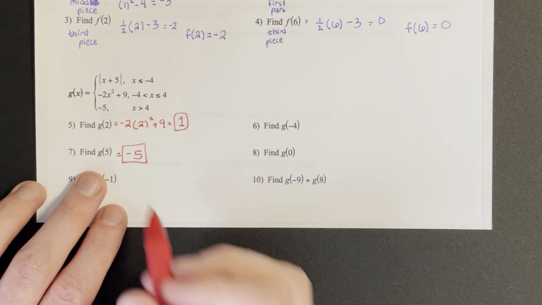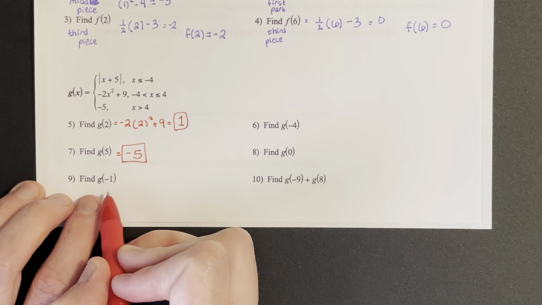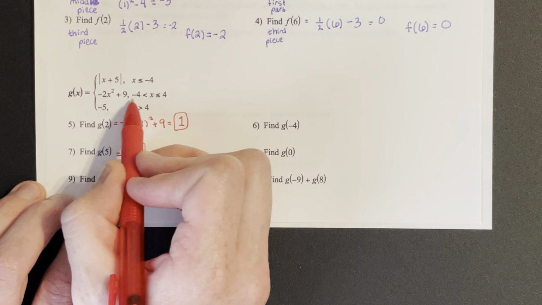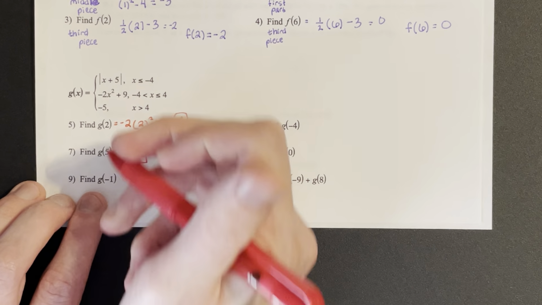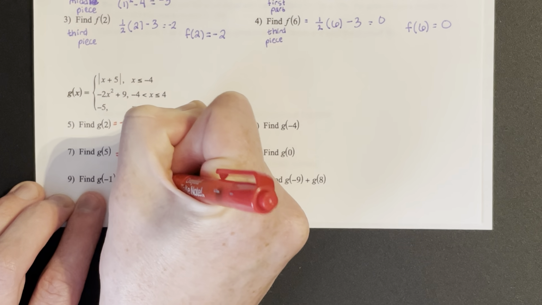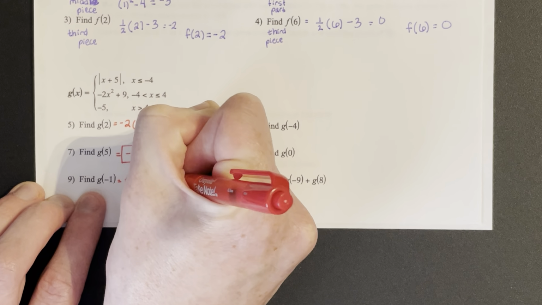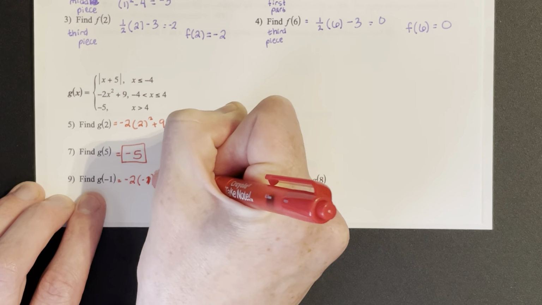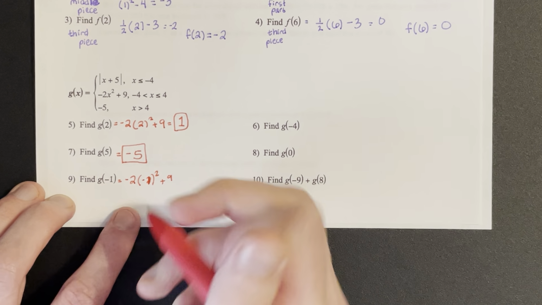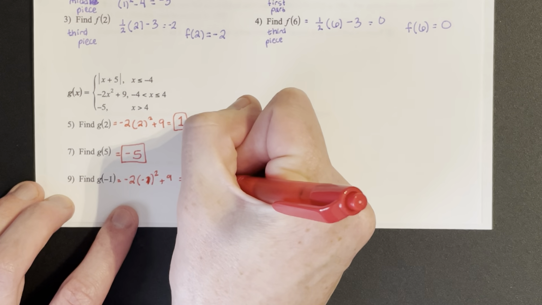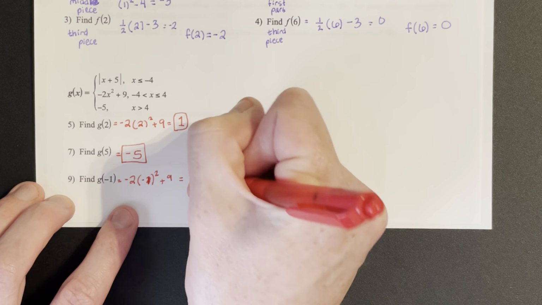That's that constant function. Negative 1, if I plug that in, it's still in the middle section. So negative 1 goes into negative 2 times negative 1 squared plus 9. Negative 1 squared is positive 1, but times negative 2 is negative 2. Plus 9 is going to be 7.